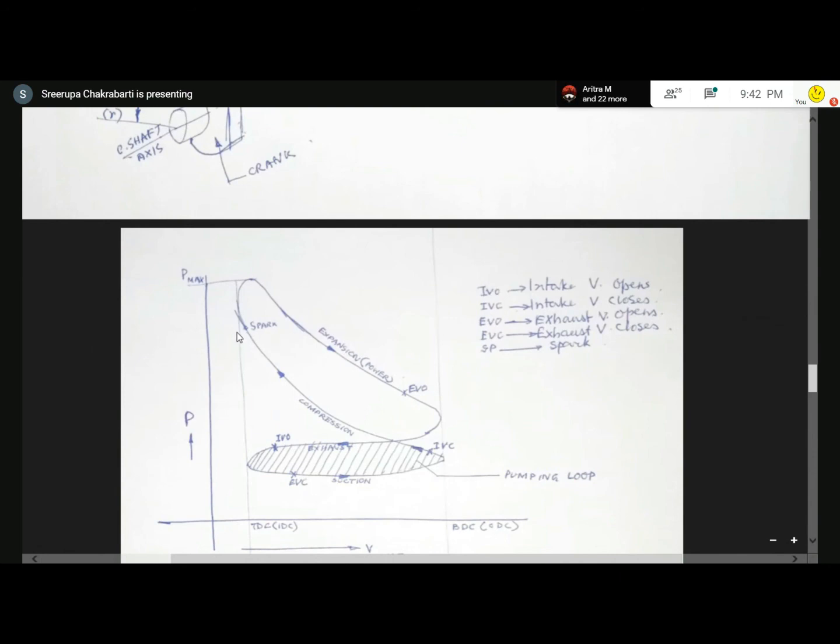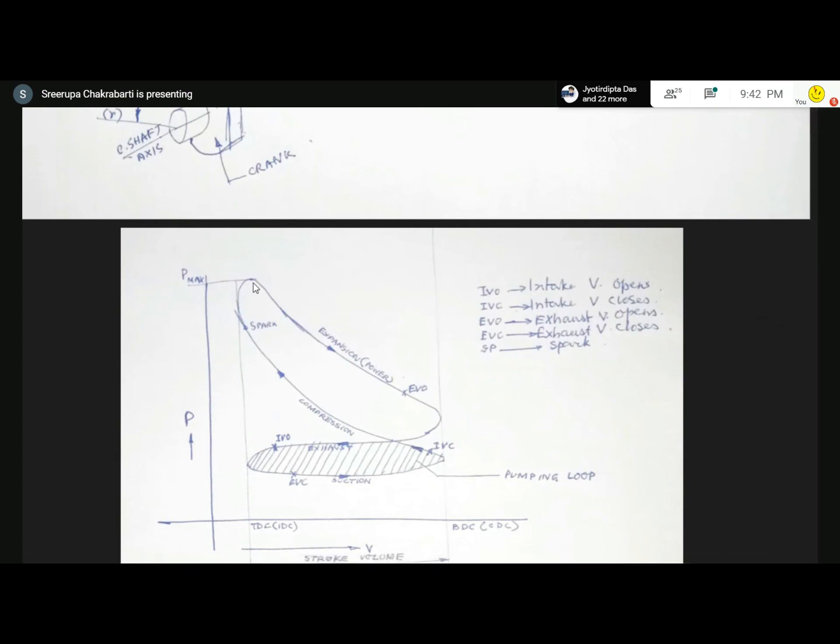The compression stroke is not complete, then the spark occurs. After the spark, the piston moves up this much distance, then the combustion starts, then the peak pressure is attained here. So combustion does not exactly happen at the top dead center, it happens after the top dead center.